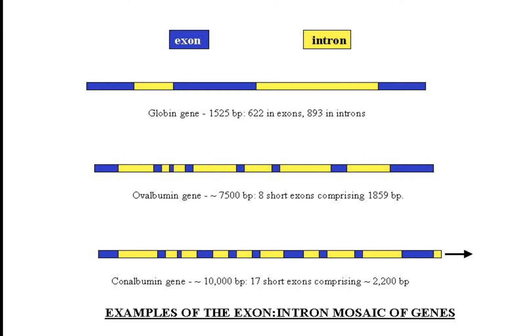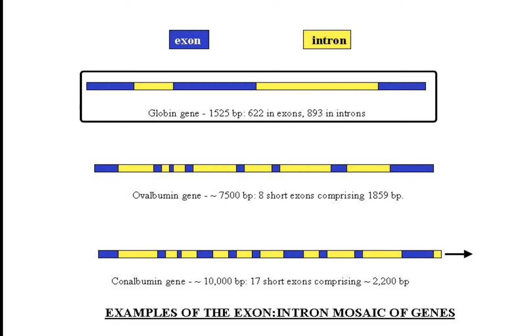Many genes, especially those in eukaryotes, have exons and introns. That is, the exons are the expressed portion of the RNAs and genes, and introns are the intervening sequences between the exons. Sometimes the introns actually contain genes themselves.